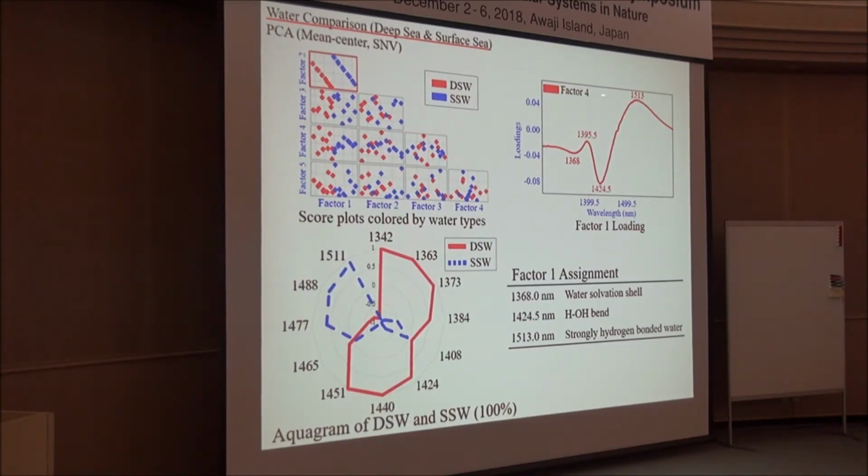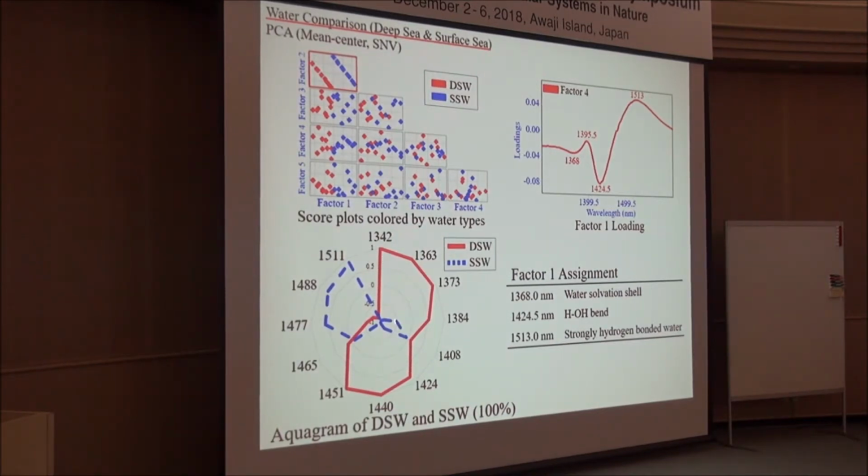So, sorry, this is factor 1. In addition, it was found that DSW has less hydrogen bonded water, and SSW has strongly hydrogen bonded water structure. On the other hand, free water assigned to 1,480 nanometers is not different between both seawaters. Thank you.